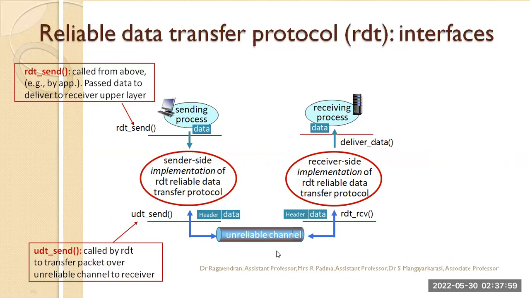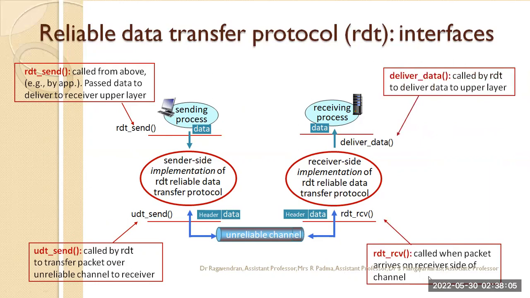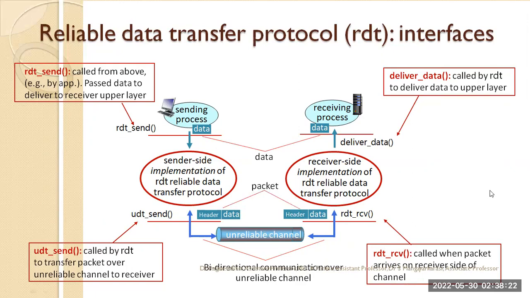See here, the call is made when the packet arrives on the receiver side, and then called by the RDT to deliver data to the upper layer. So this is bidirectional communication over the unreliable channel. It has data, and it has information, which is taken as packets.